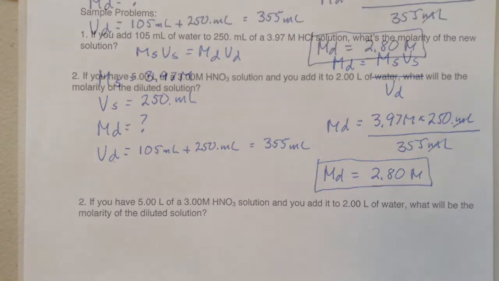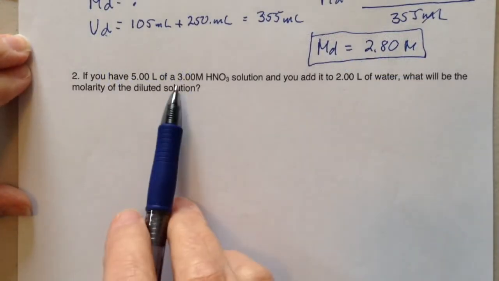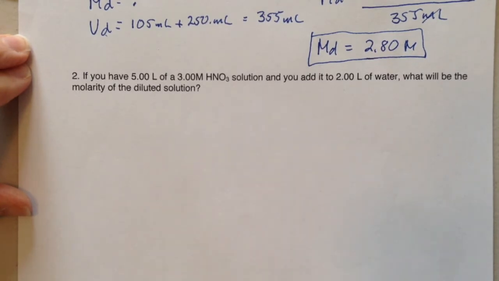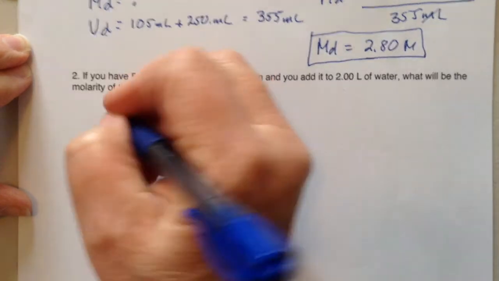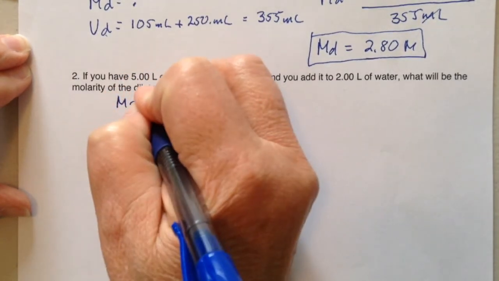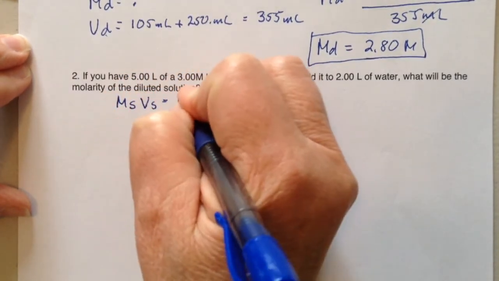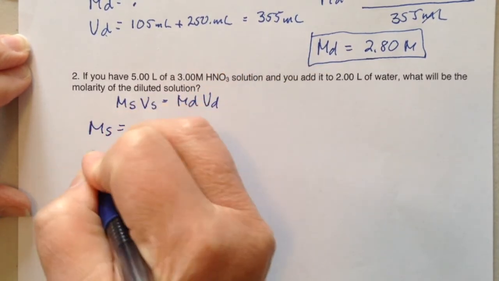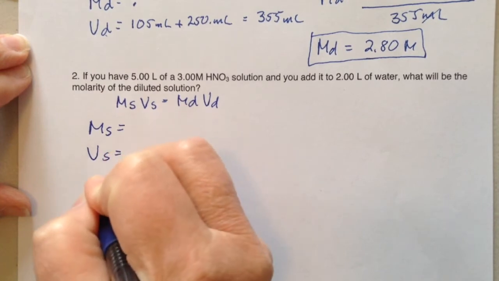Let's try another one. So you have 5 liters of a 3 molar nitric acid solution and you add it to 2 liters of water. What will be the new molarity? So once again, we're going to say MSVS equals MDVD. And we want to list these all out every single time.